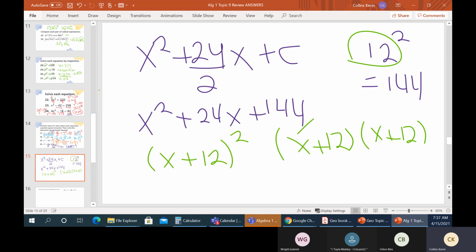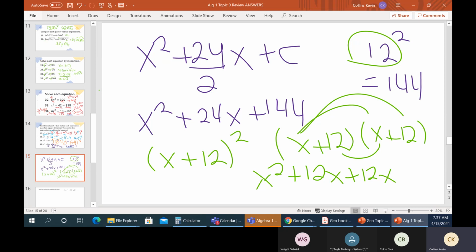Okay. So x times x, there's x squared. Right? And then I do x times 12, that's plus 12x. Right? And I do 12 times x, that's another plus 12x. And then finally, we do 12 times 12 is 144.